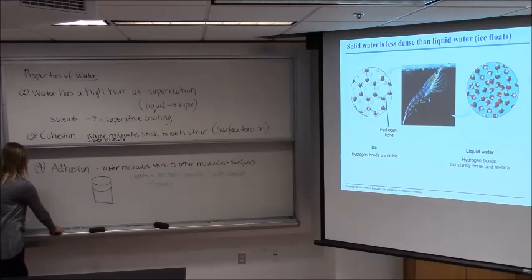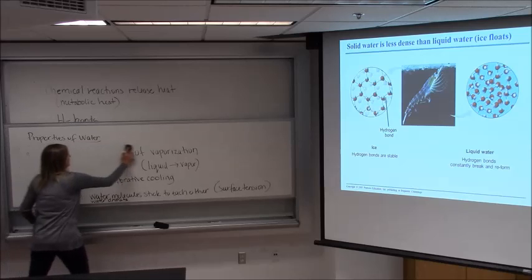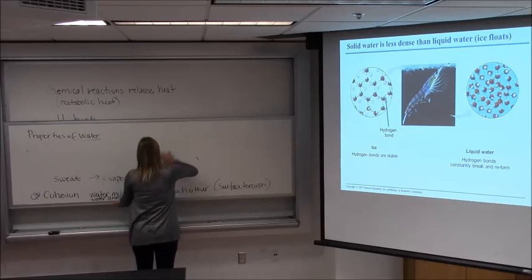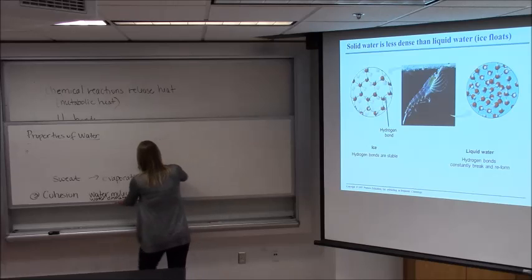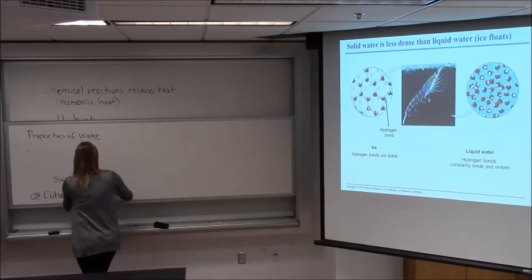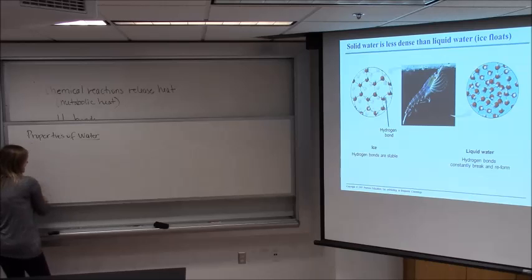Okay, and then property number 5. Ice floats. More technically, solid water is less dense than liquid water. That's pretty crazy in the chemical world.